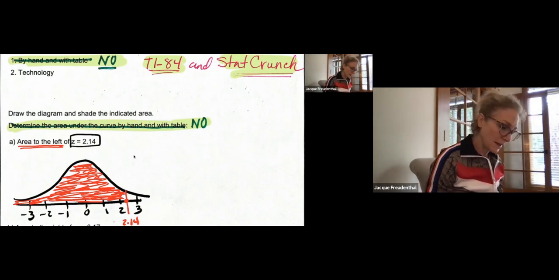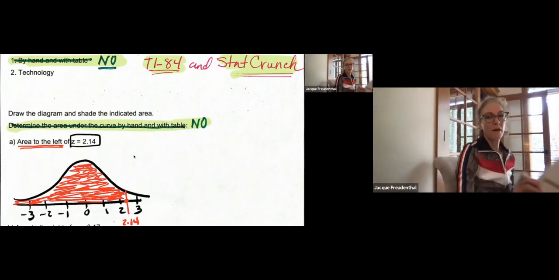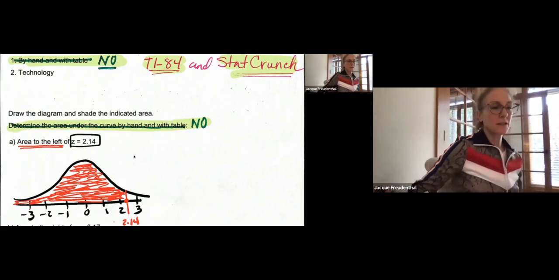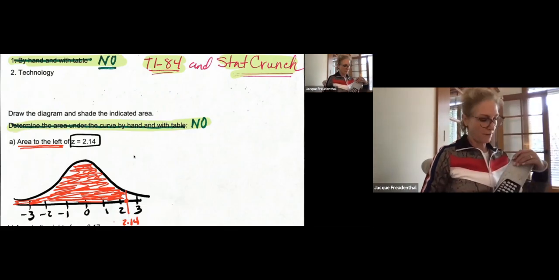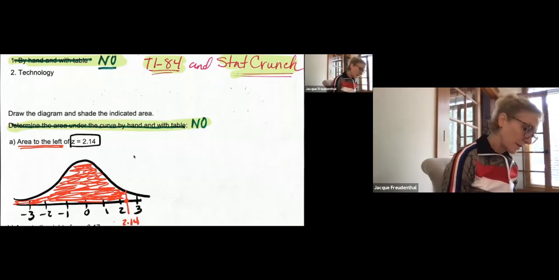So in your calculator, you would go to, okay, it takes me a minute to flip back and forth between sharing my screen with the computer and sharing my screen with my iPad. So I'm going to stick with the calculator and then we'll go into StatCrunch and do all these in StatCrunch. Okay, so on the calculator, you would go under second vars. So hit your second button and then the vars button.